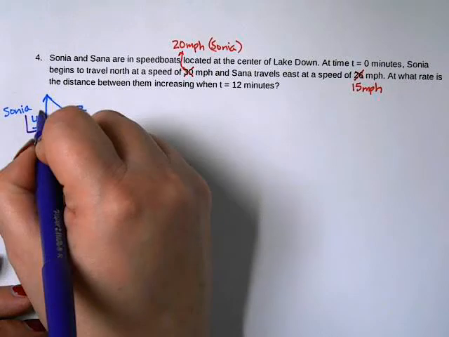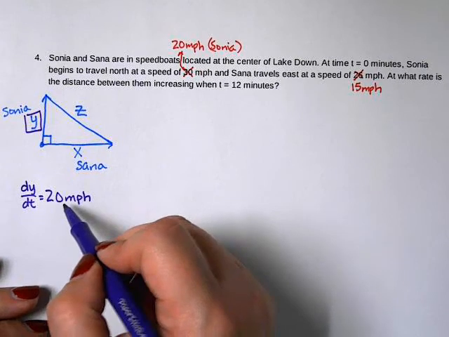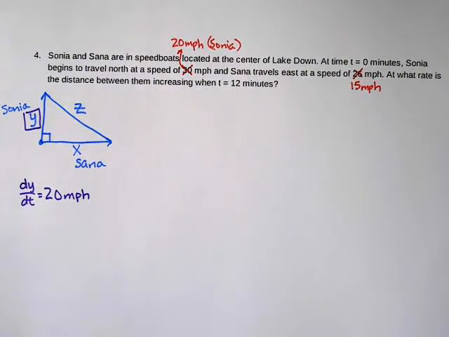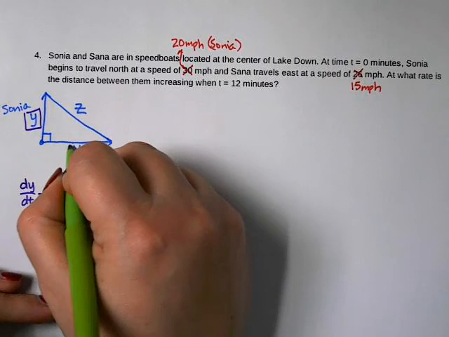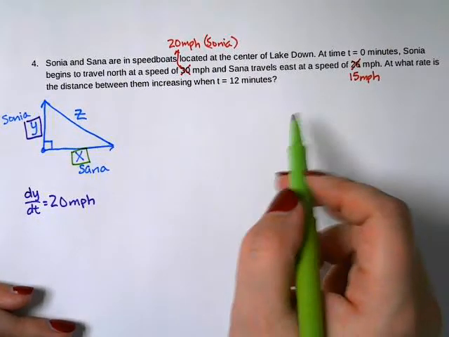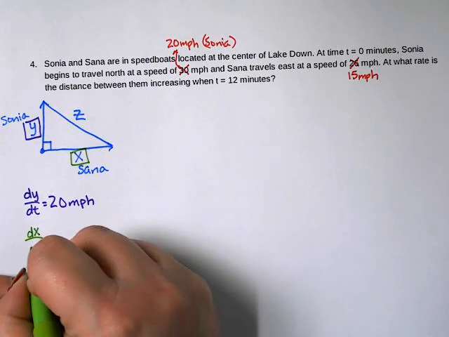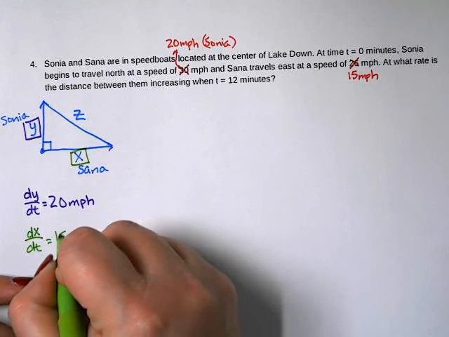So we don't know what y is right now, but we do know that the rate at which y is changing is 20 miles per hour. And then Sana, who's traveling east, we don't know what x is right now, but we do know that she's traveling 15 miles per hour. So dx/dt is equal to 15 miles per hour.